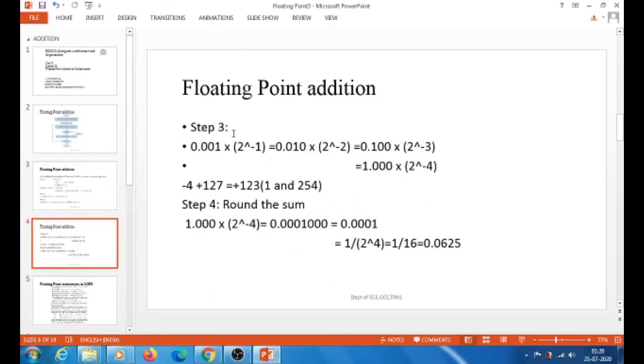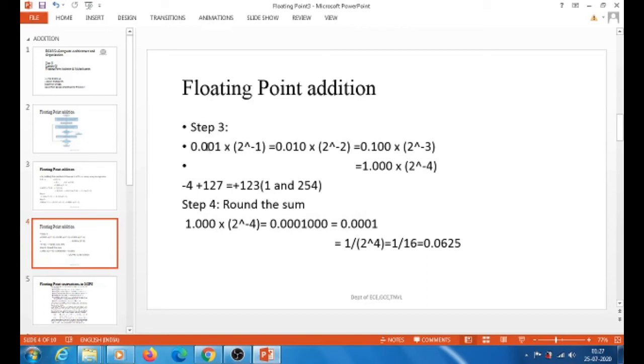So step 3 is that we need to normalize the sum, because once we normalize the sum, then only can we check whether it is overflow or underflow. So the sum is getting normalized in step 3. So the sum is 0.0001 into 2 raised minus 1.